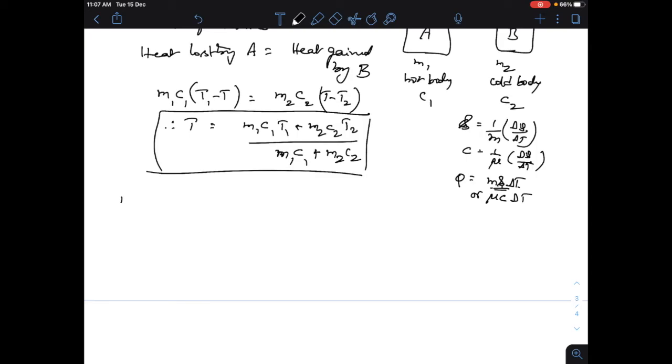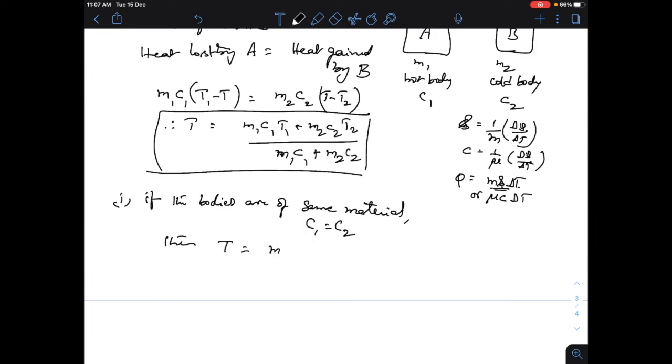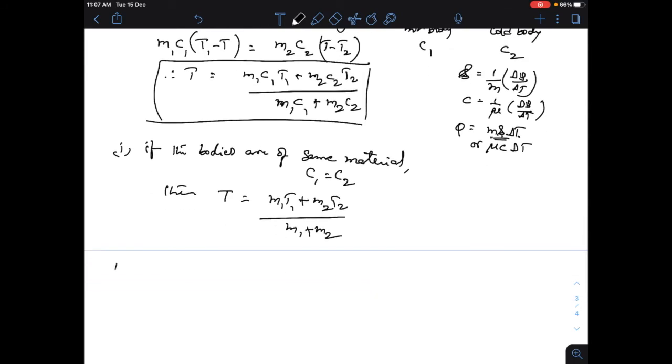Now let us see different cases. If the bodies are of the same material, then C1 is equal to C2, and we can write T is equal to m1 T1 plus m2 T2 by m1 plus m2. That is case 1.